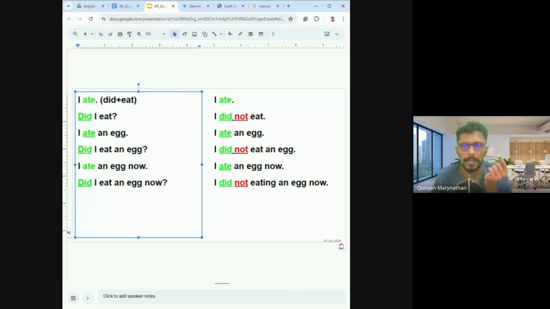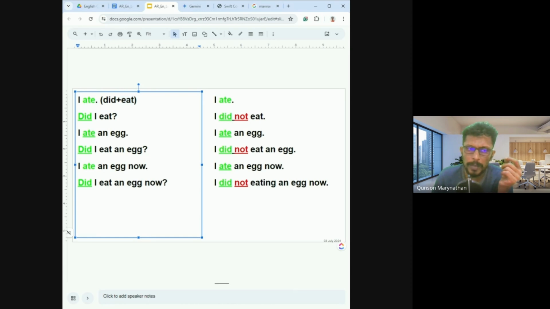Okay, I'll explain this again. So you have a past tense, simple past. I ate, right? This is past tense. So if this is past tense word, there are two words inside it. One is the auxiliary verb, did, plus the verb in the present tense, eat.